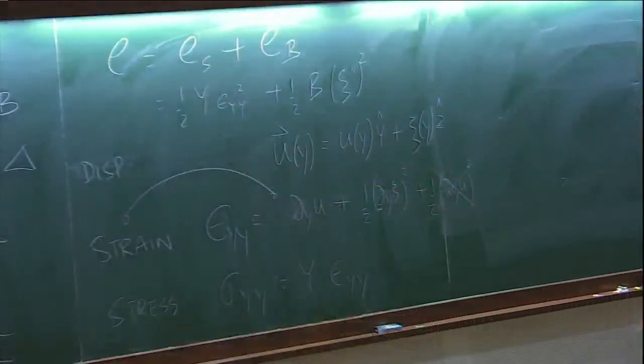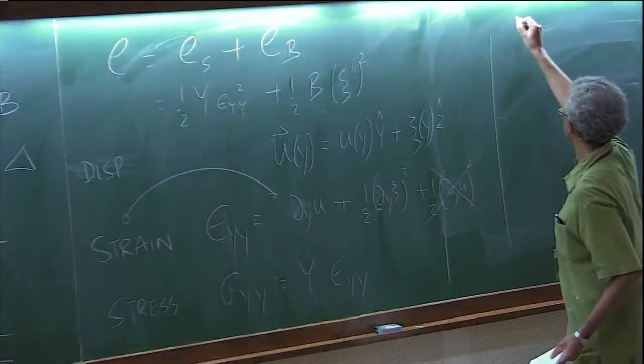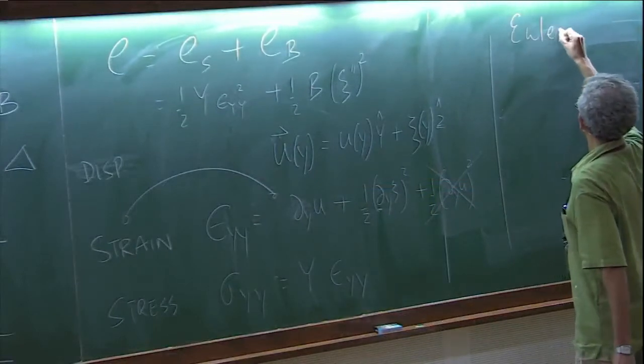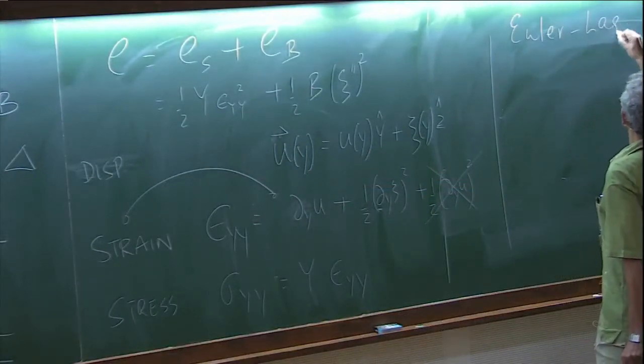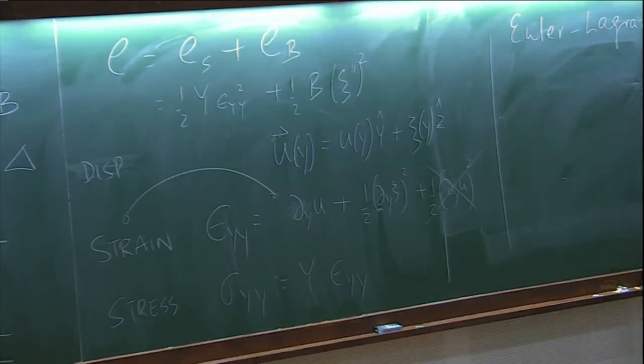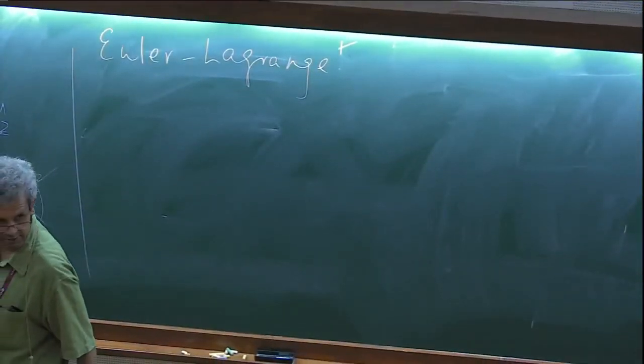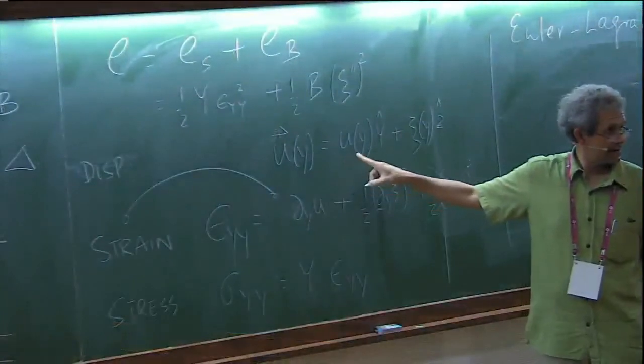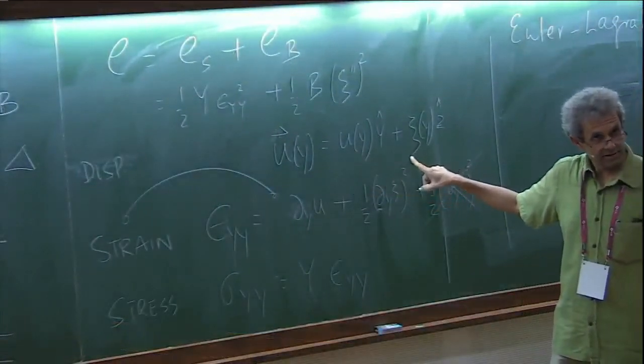But that's fine. So I get two Euler-Lagrange equations: one with respect to varying u, and one with variations with respect to psi.